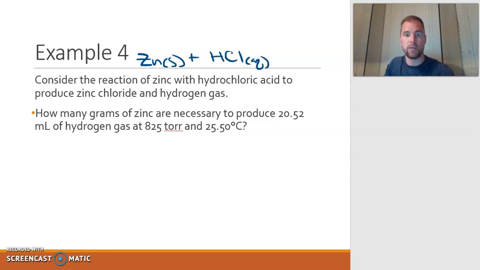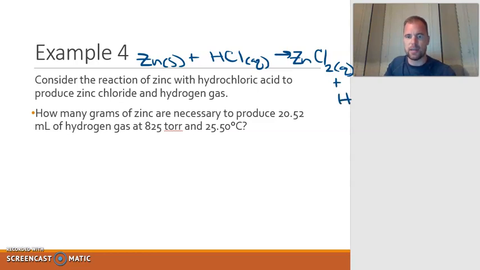Now this is a single replacement reaction, so the zinc and the hydrogen are going to swap spots. So zinc is going to bond with chlorine. Now zinc's positive 2, chlorine's negative 1. You need to make sure you put the 2 there. Okay, so that's aqueous.